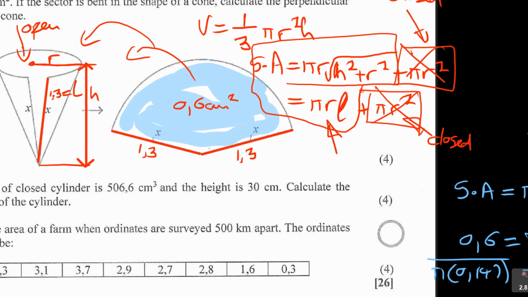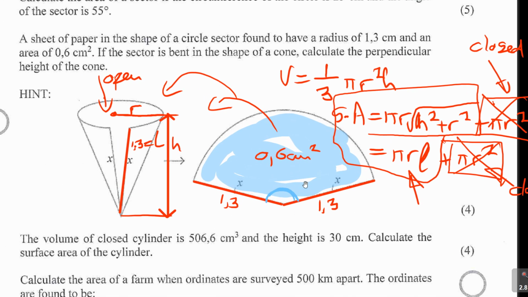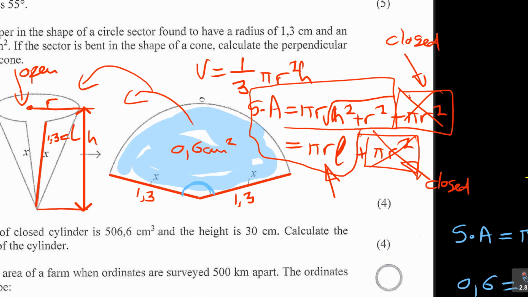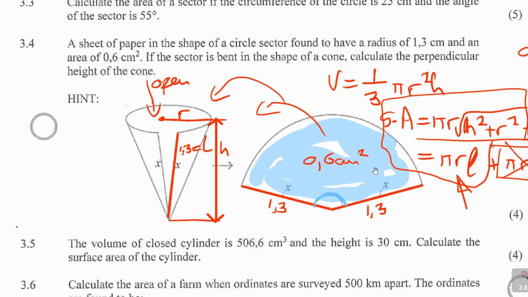You can actually find this angle here, the angle of the sector, and if you find the angle of that sector there. Alright, but for now, let's leave it like that. Let me not confuse you. I'll select this question and show you different approaches that we could have used in this question.